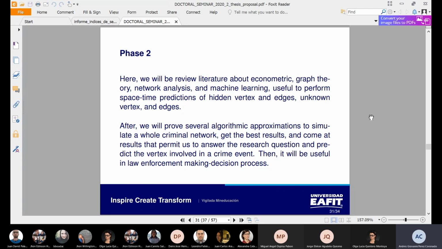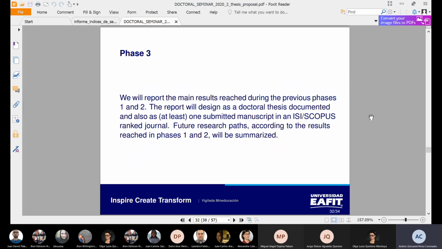And we will test several algorithmic approximations. We are going to try to find the best algorithmic approximation, because it is a lot of data and requires a lot of computation, and it will be useful to law enforcement in decision-making processes. We hope this data could be used by Colombian law enforcement.